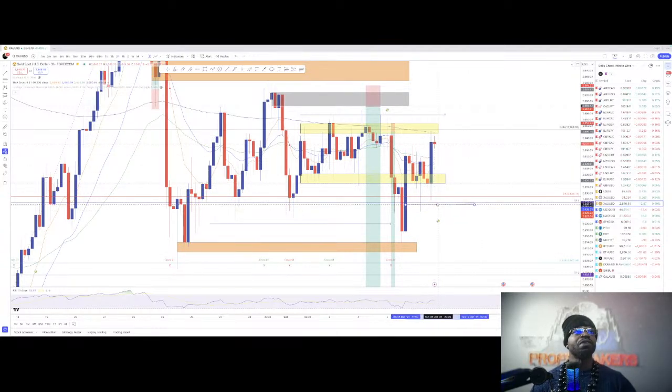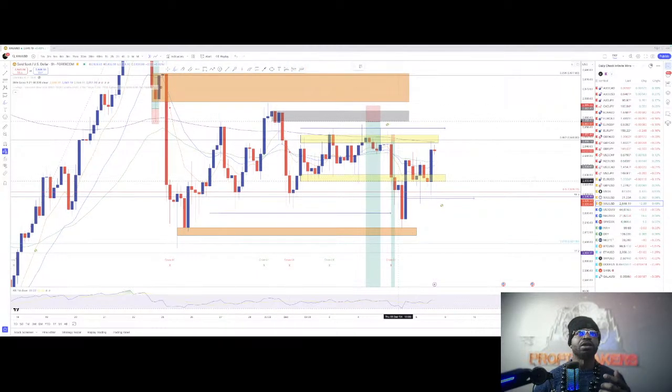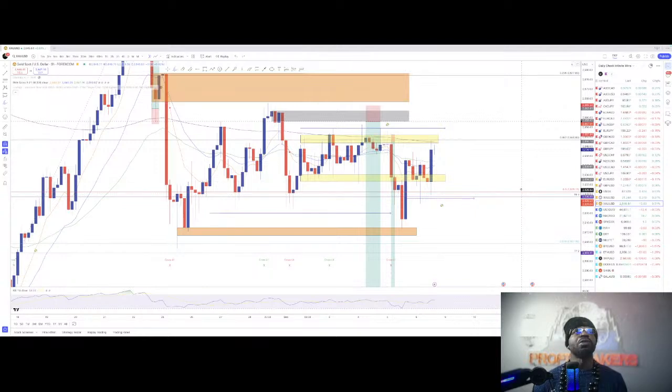If we get a break of that area, there is a lot of liquidity underneath these lows, so we could see our next couple of targets being hit. Okay, our TP2 and maybe even our last target. So let's see how everything plays out by the end of this night.